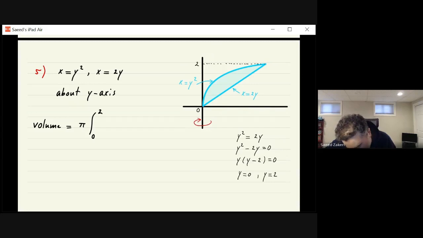Upper function squared, when you look at it correctly, this plays the role of your upper function, f, which is going to be 2y squared, minus the lower function squared.